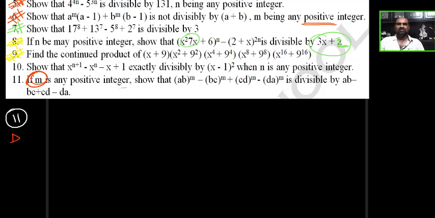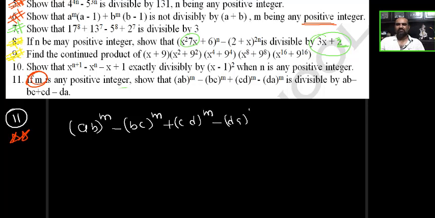Interesting problem, this one. (ab)^m - (bc)^m + (cd)^m - (da)^m is equal to (ab - bc + cd - da) into some polynomial.